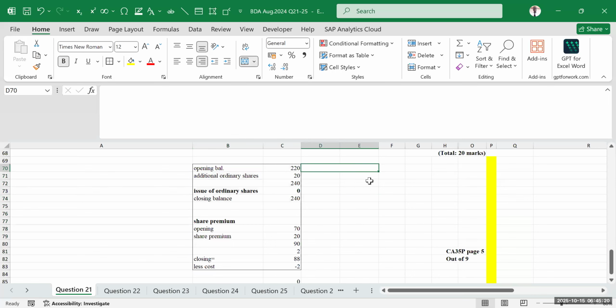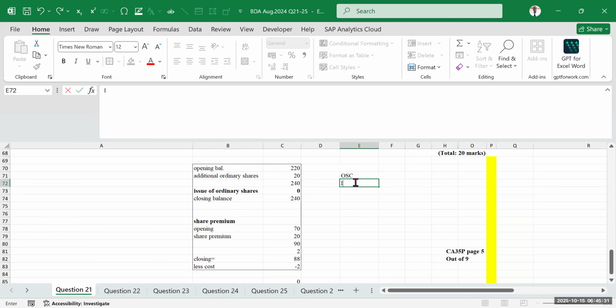So I said, when you talk about ordinary share capital, this movement can either be upwards or downwards. It's affected by issue of shares. When you issue shares, it will bring on board more shareholders, meaning ordinary share capital will go up. So there will be a positive impact on the ordinary share capital account.